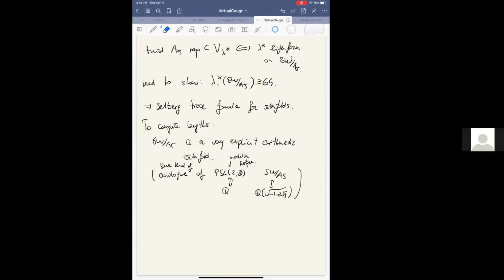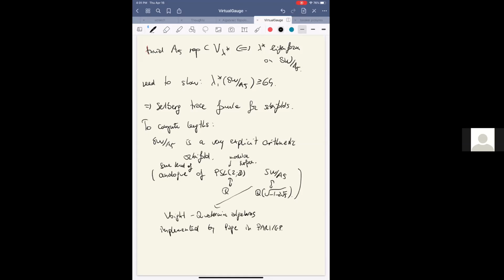This is described by Voight in his book on quaternion algebras, and it's implemented by Page in PariGP. So I guess number theorists have these magical tools that allow you to compute all these lengths of geodesics in this very complicated orbifold.